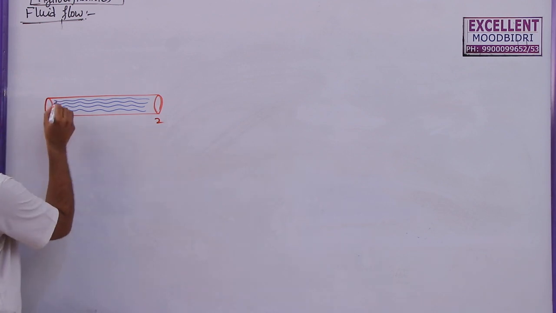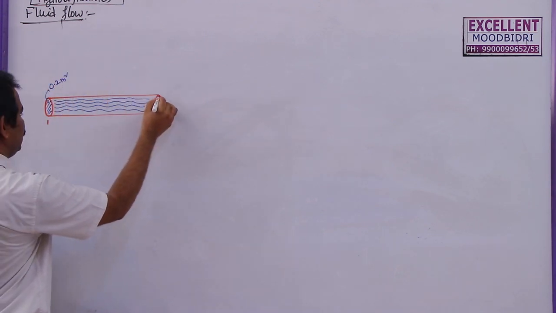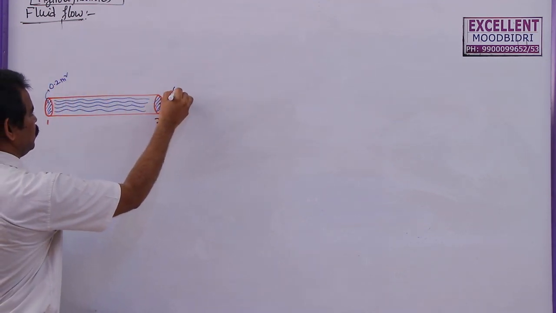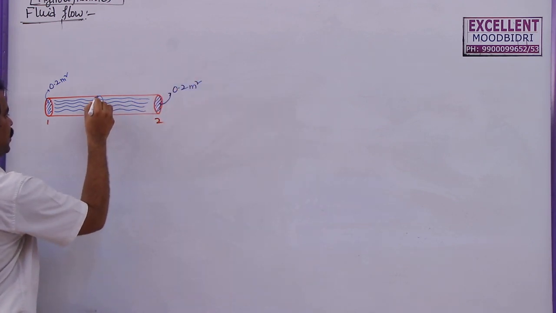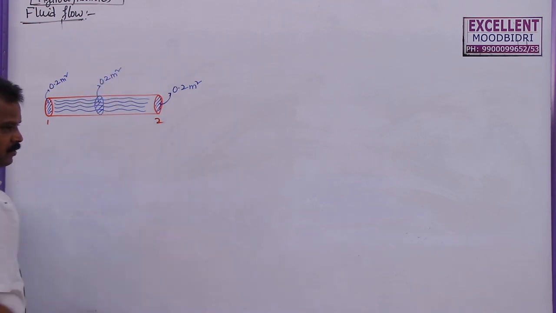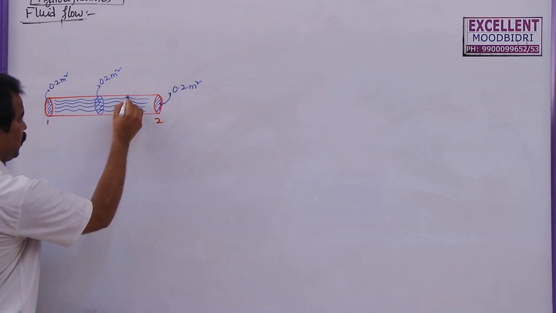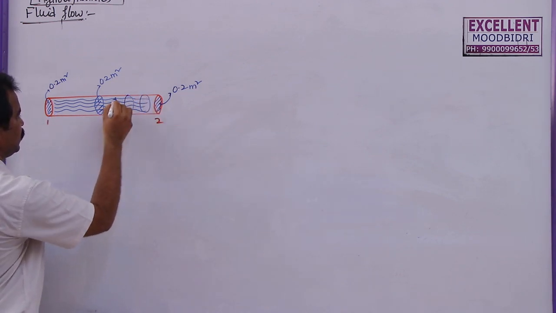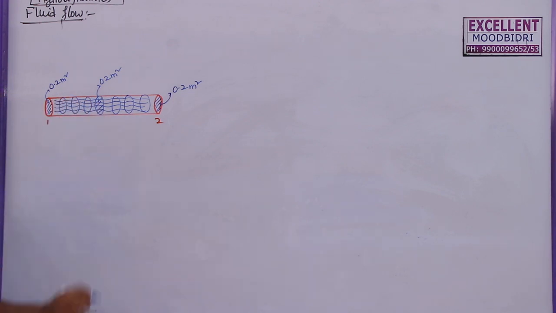Here, if the area here is, let us say, 0.2 meter square, and this area is also 0.2 meter square, the area somewhere here is also 0.2 meter square. From point 1 to point 2, any cross section will have the same area, which is equal to 0.2 meter square.